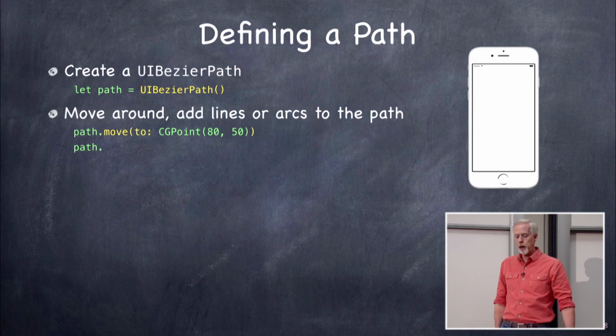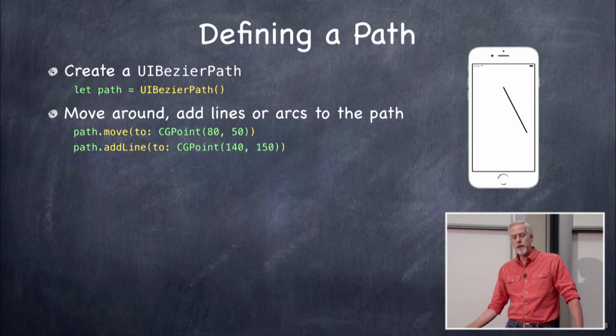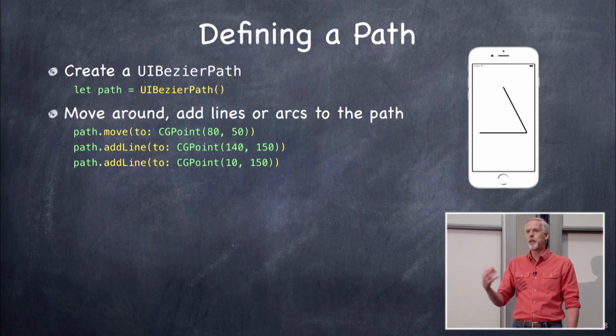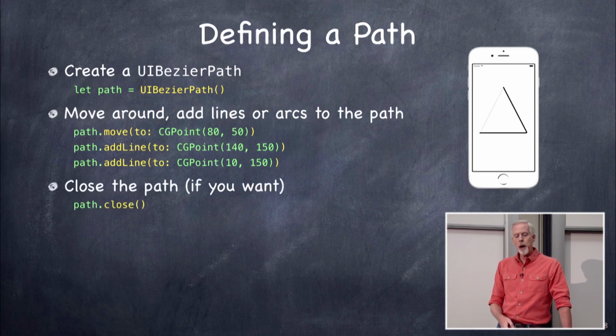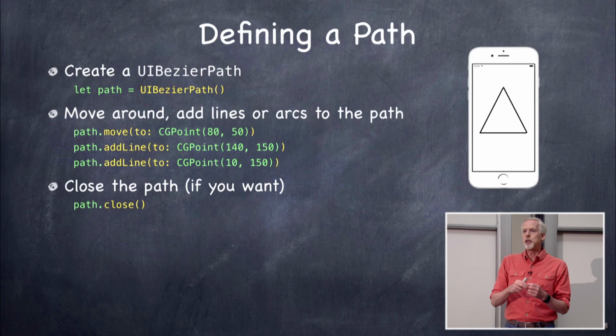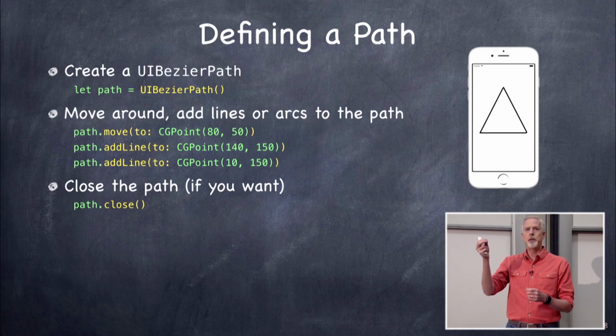My origin is upper left. Now I'm going to add a line to 140 over, almost to the edge of the screen over there, and 150 down. Then I'm going to add another line. See how I'm just calling functions on my UIBezierPath to add lines? So I add another one over here. Then I'm going to close my path. There's a method in UIBezierPath called close that just draws a line back to where you started, wherever that was. So I close my path.